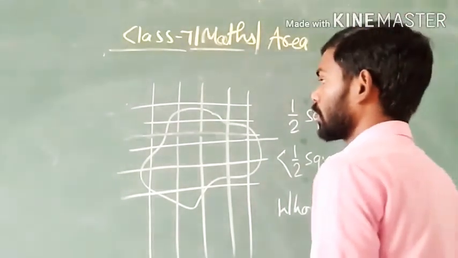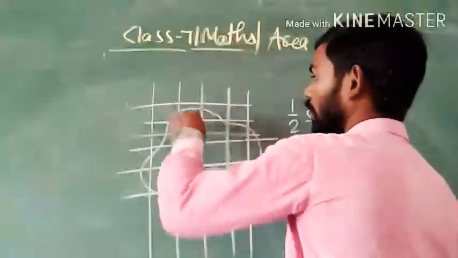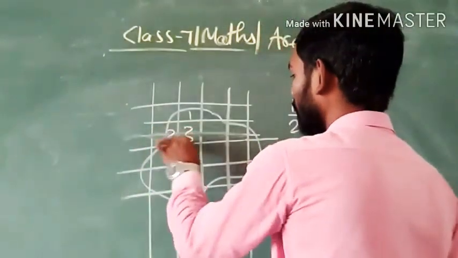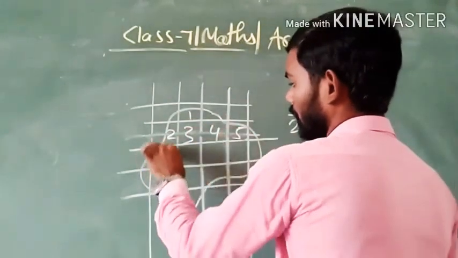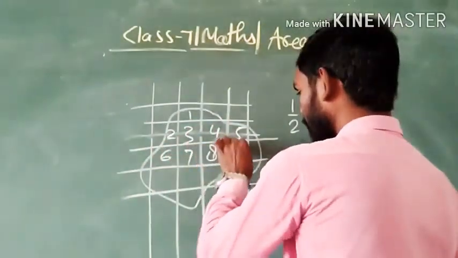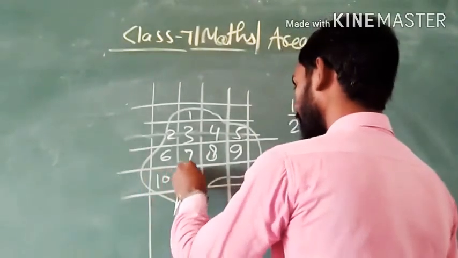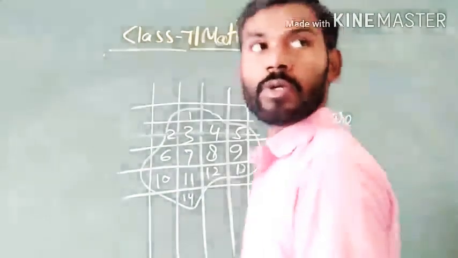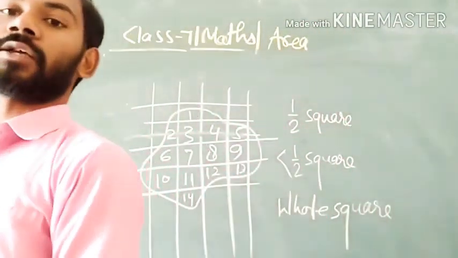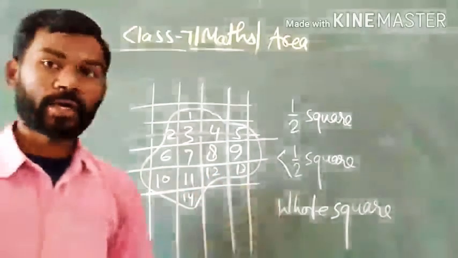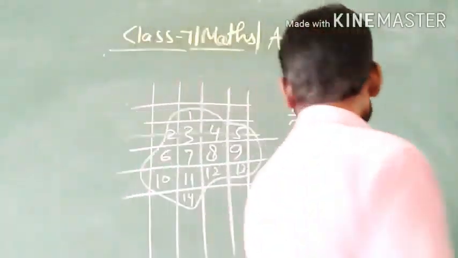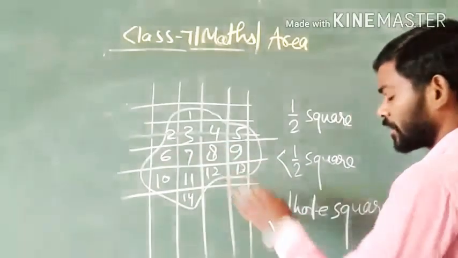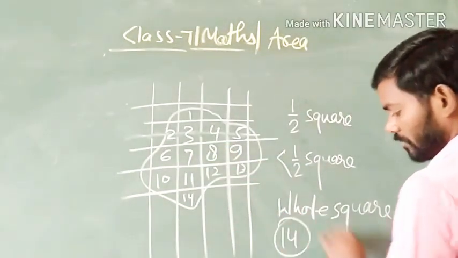So whenever we follow this rule, we get 1, 2, 3, 4, 5, 6, 7, 8, 9, 10, 11, 12, 13, and 14. So after counting these three types of squares, we get that the total number of squares inside this region is 14.